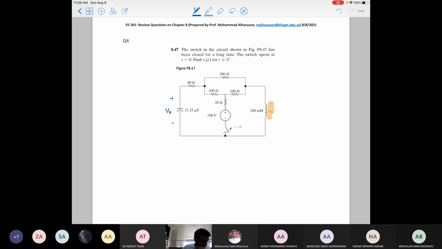Let's try to solve this circuit. We're asked to find the voltage V naught for t greater than 0. Your task is first to find the initial values, and these can be found by analyzing the circuit for t less than 0.